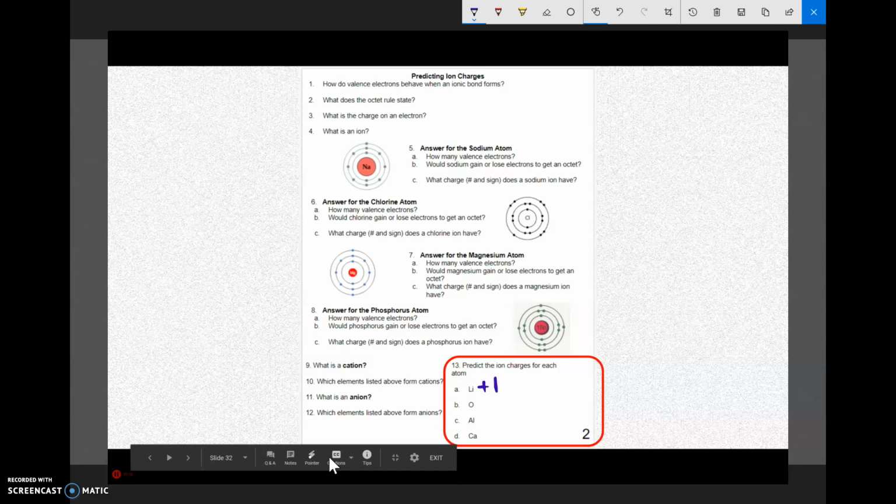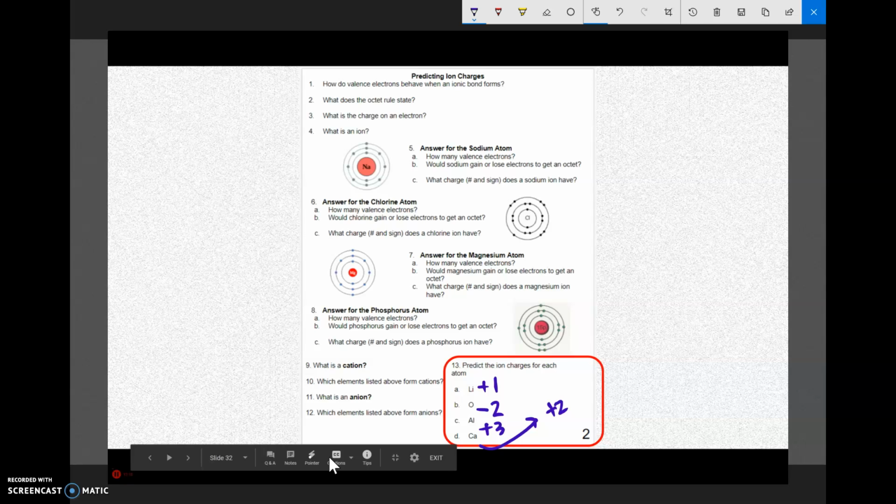Oxygen's in group 16, so it wants to gain 2, so that's a -2 charge. Aluminum is +3 because it's in group 13, so it wants to lose 3 electrons. And calcium is going to be a +2 because it's in group 2 and it wants to lose 2 electrons to become positive. Okay, and then let's double check questions 5, 6, 7, and 8 really quickly. If you want to go ahead and pause the video, do 5, 6, 7, and 8, and then come back and check your work, that would be great.